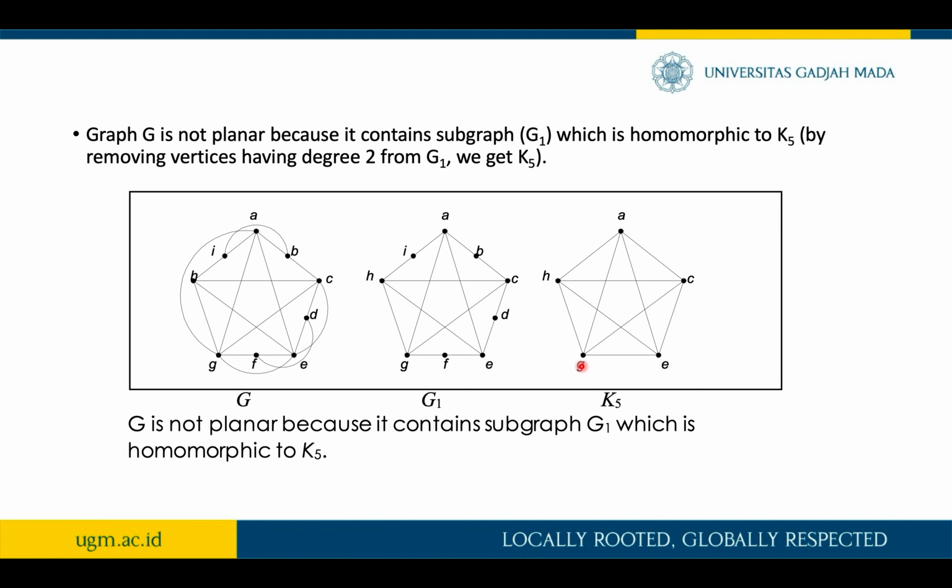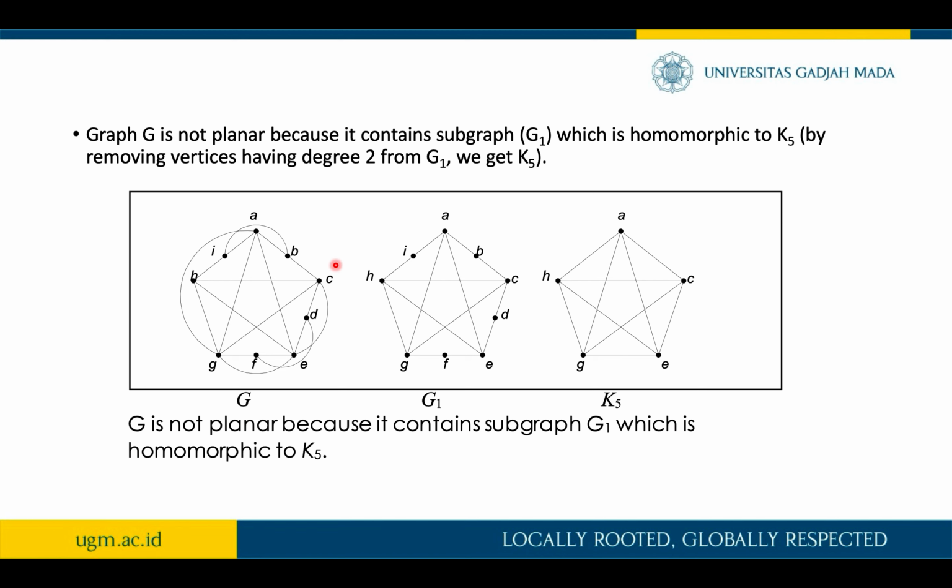Since G contains a subgraph which is homomorphic to K5, then G is not planar. So this is the sufficient and necessary condition. The Kuratowski graph is a sufficient and necessary condition to determine whether the graph is planar or not.